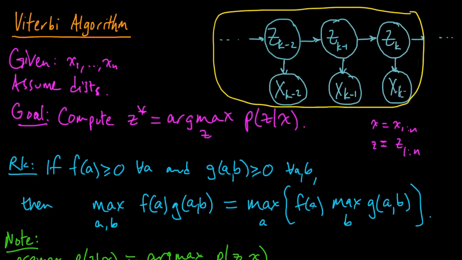And we want to use the trick we always use for Markov chains, and that is we want to find some recursion. We want to find some quantity that we can recurse on, and then find a recursion by using the Markov properties of the model.